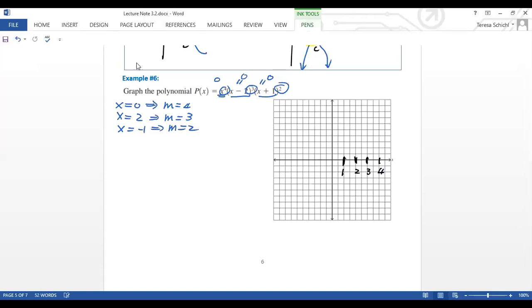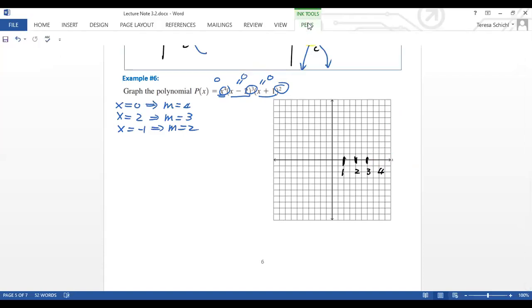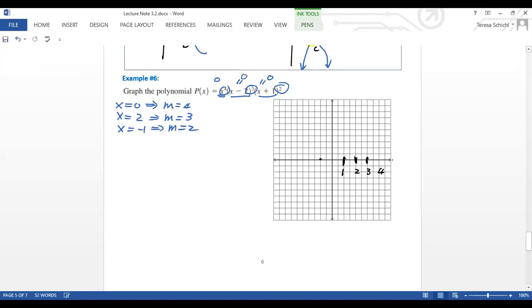The multiplicity at 0 is 4, so it's going to touch here. And this is -1, -2. So these are the zeros, right? Let's color that. It's going to touch at 0, touch 2, and touch -1, right?